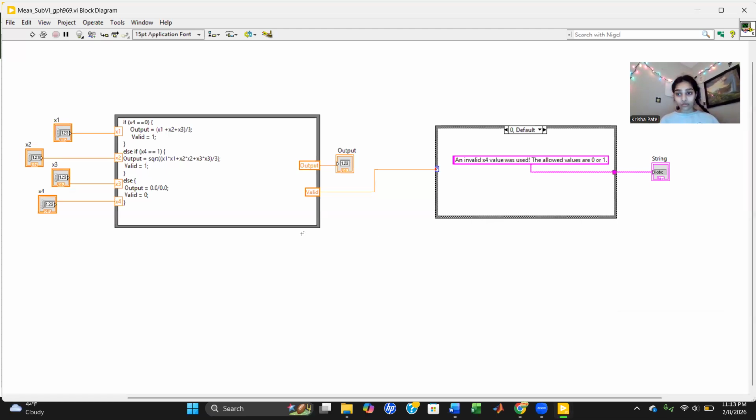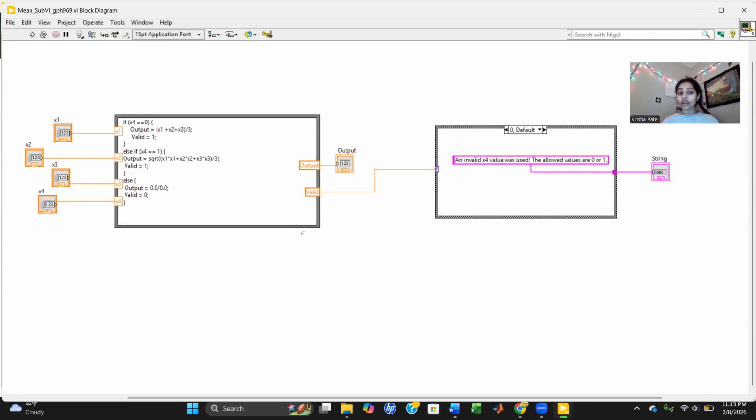So I'm going to be moving over to the block diagram for the sub VI. As you can see, we still have our four inputs to the left, and they're being fed into a formula node that uses X4 to determine which formula to use. If X4 is equal to 0, it calculates the mean of the three values, and it also gets assigned a value of 1 to this variable called valid, which I'll explain in a minute.